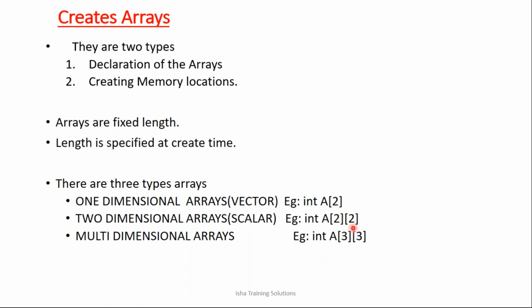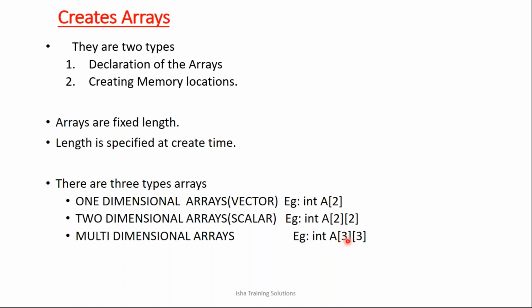When you see here 2 of 2, it means that it can hold two rows and two columns. When it comes here, it holds two columns in a single row. This says that it can hold two rows and two columns. This is a multi-dimensional array. Whatever values you enter more than two can be called multi-dimensional arrays.